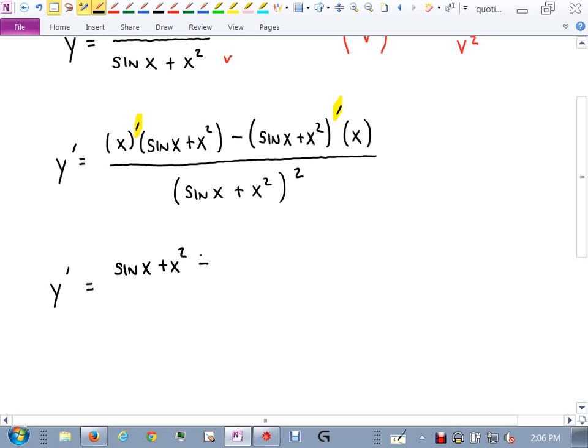Subtraction is always tricky. What's the derivative of this? Cosine x plus 2x. And I need to put that in parentheses because it's two terms. And that's going to be multiplied times x at the end here. Then all of this over that whole thing squared.